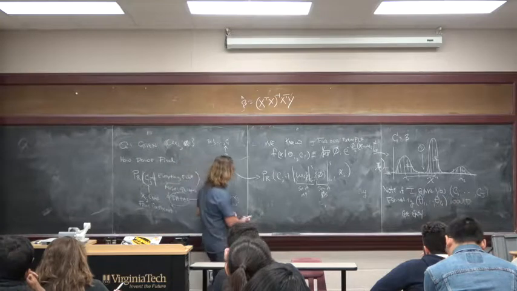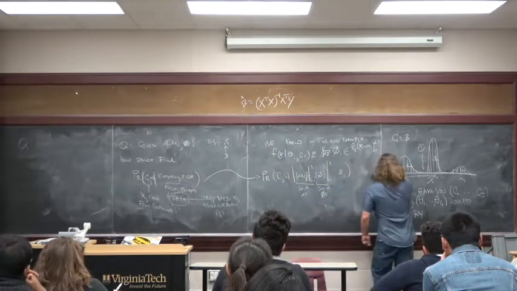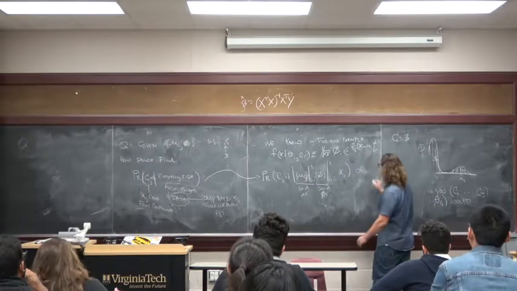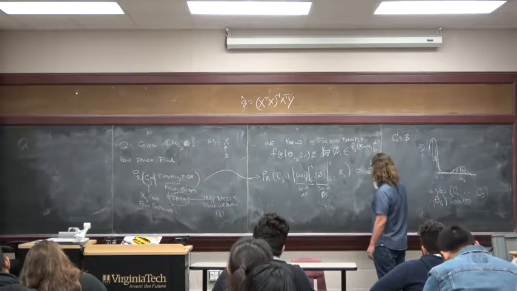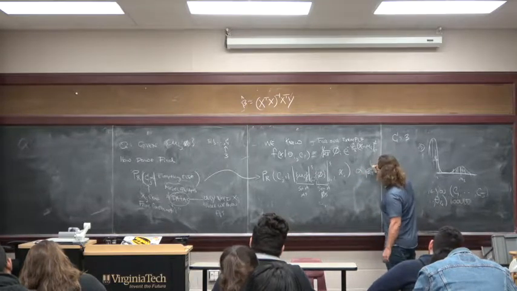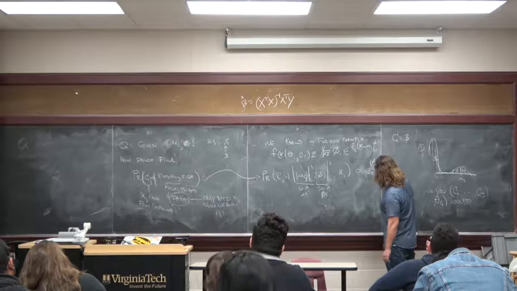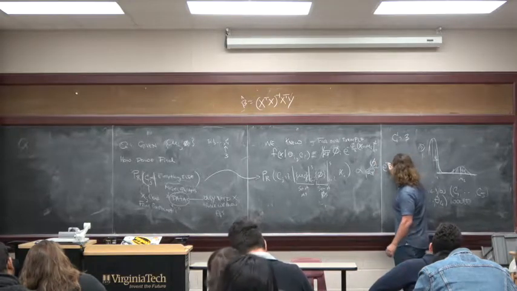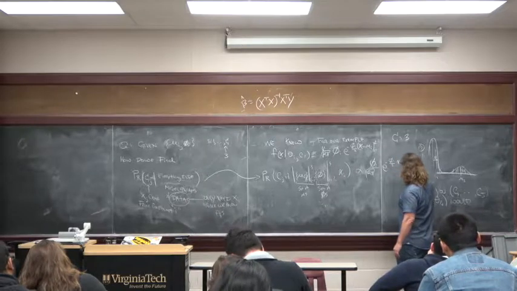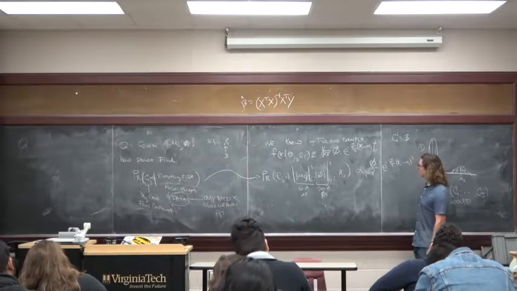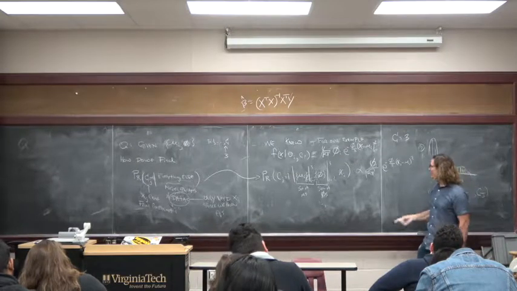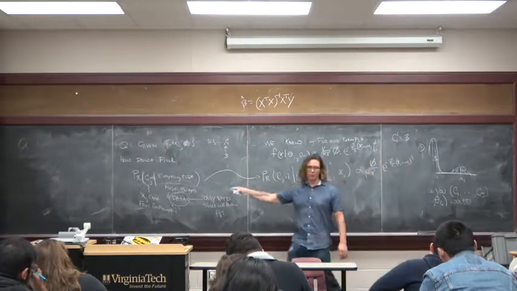So how do I get this right here? For our example, this is proportional to 1 over root 2 pi, phi i, e to the minus phi i over 2, xj minus mu i squared. And I need to normalize it.